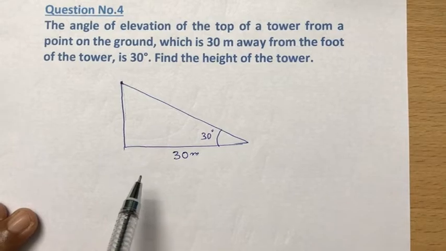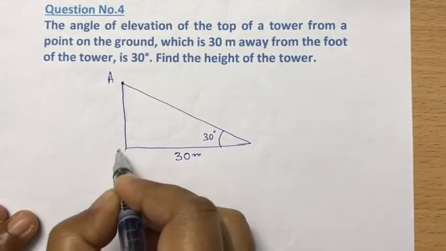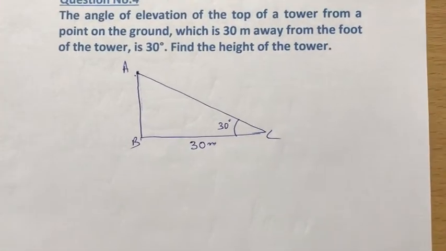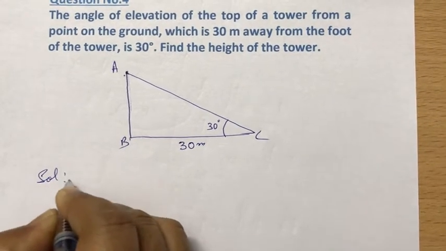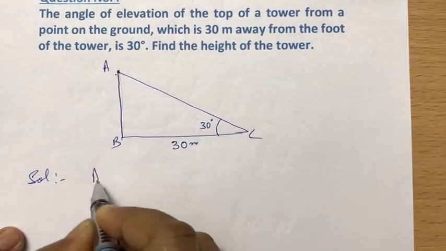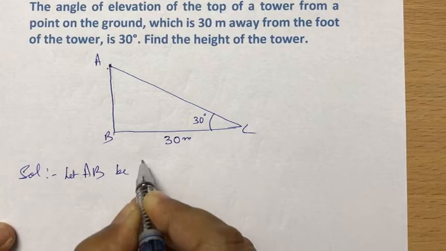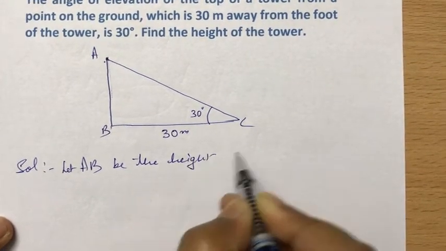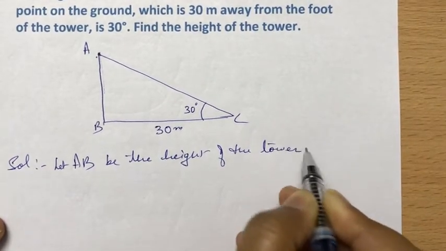For that, I am naming it A, B, C. I need AB. So as usual, which trigonometry ratio will you be using? Let AB be the height of the tower.